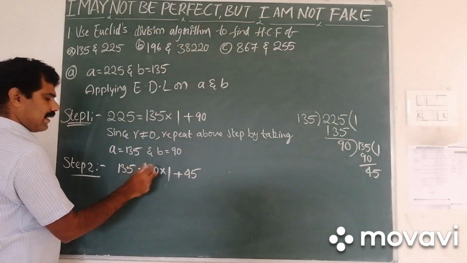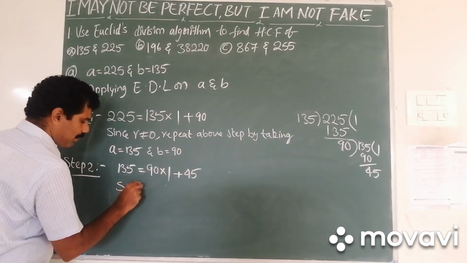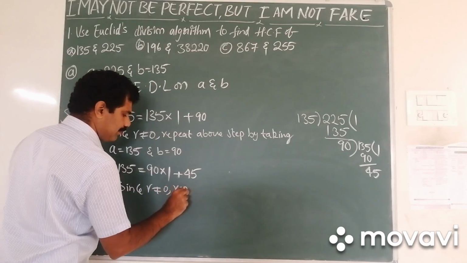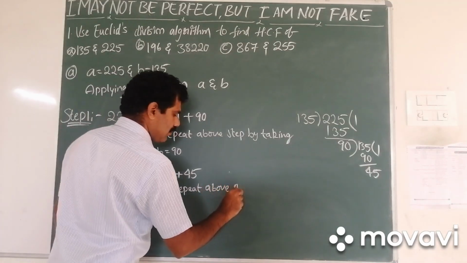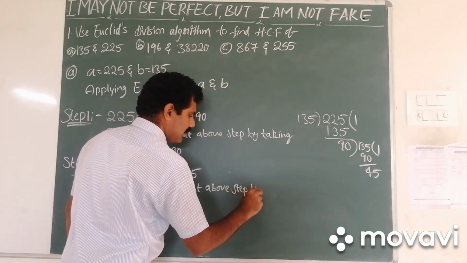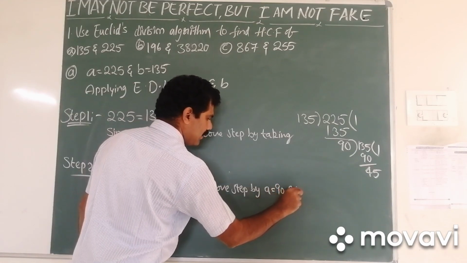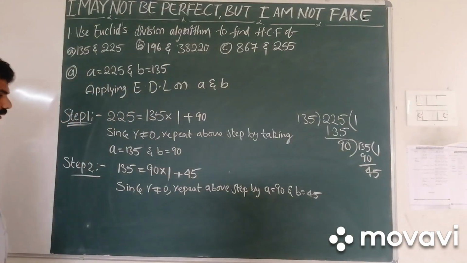Since r is not equal to 0, repeat the above step by taking a = 90 and b = 45.